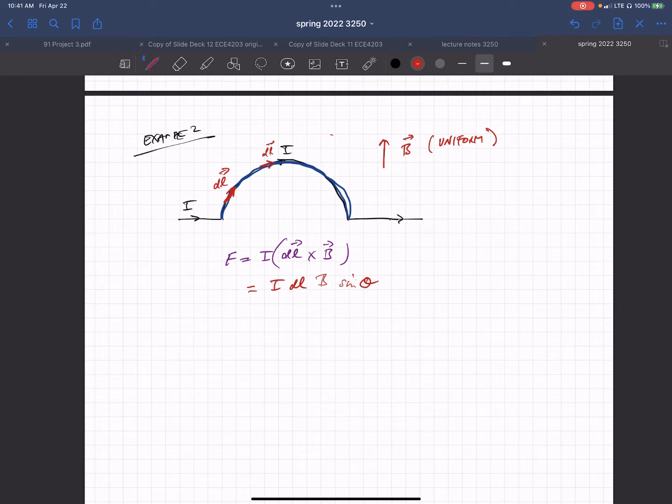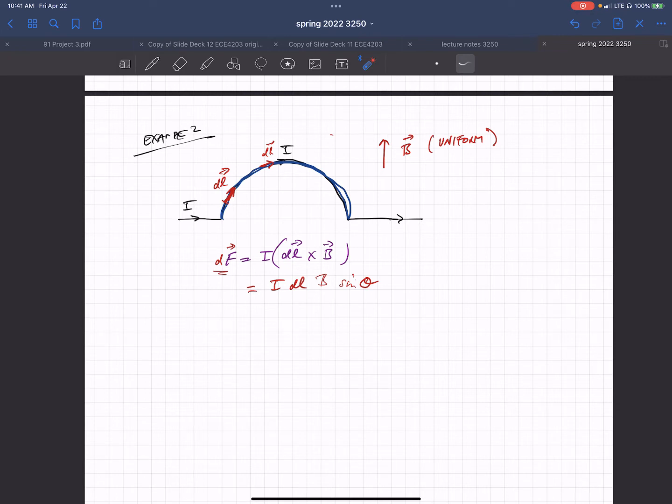So that's what that force would look like. This is a small bit of force on this section dl. I'm going to calculate that, and then integrate that force across the half circle.